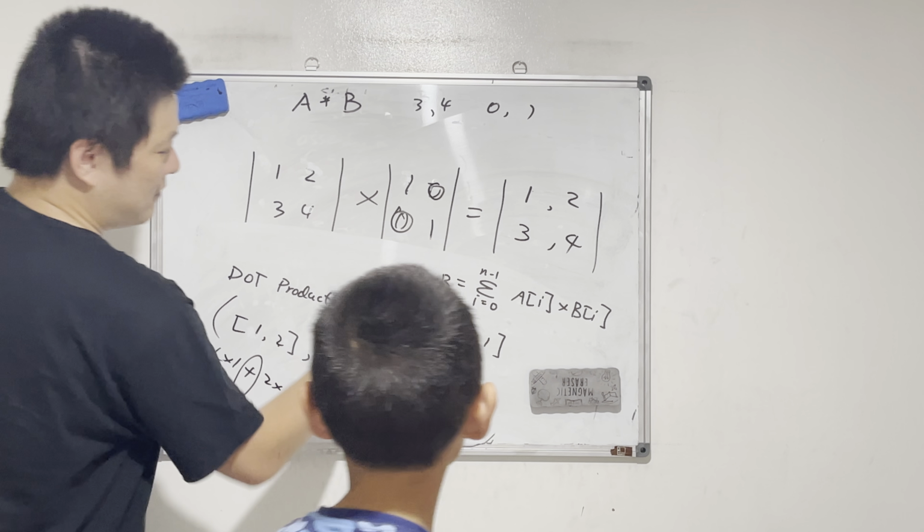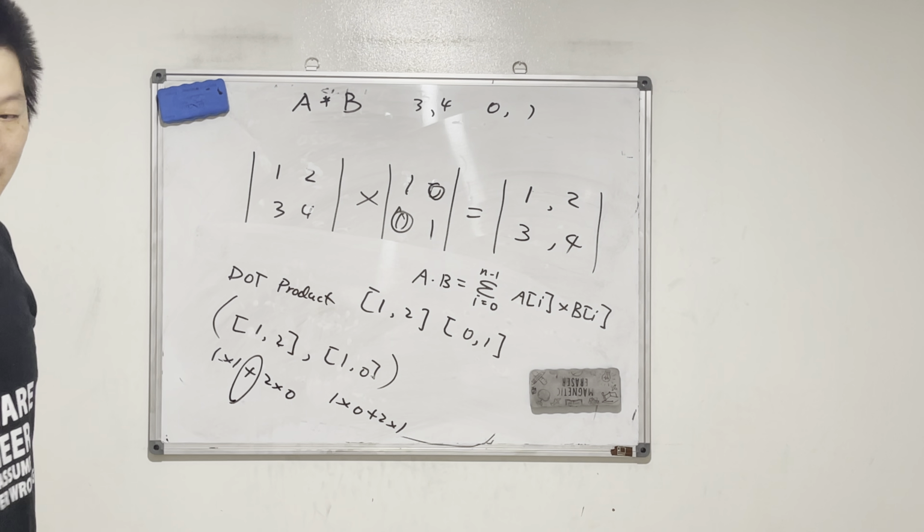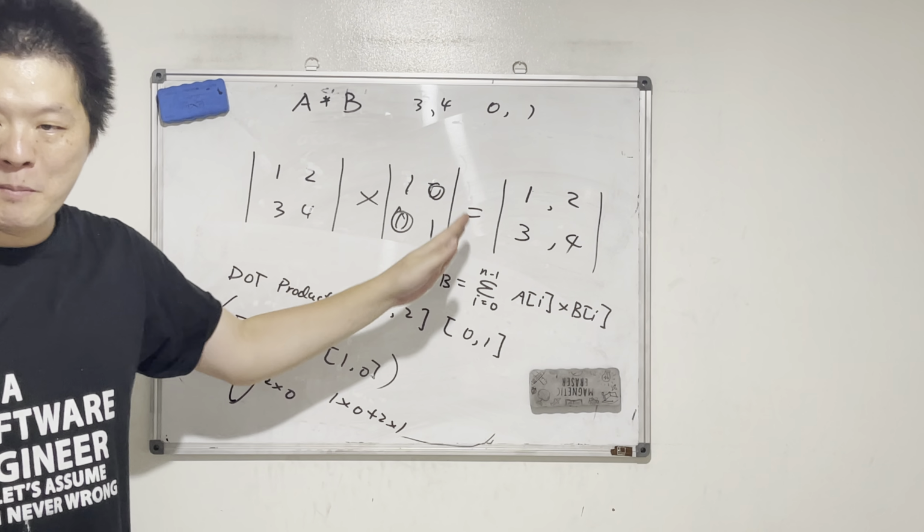Good job. What does that mean? Remember, if you have a square matrix with only the diagonal filled with 1 and all others 0, we call it an identity matrix. So this is an identity matrix.